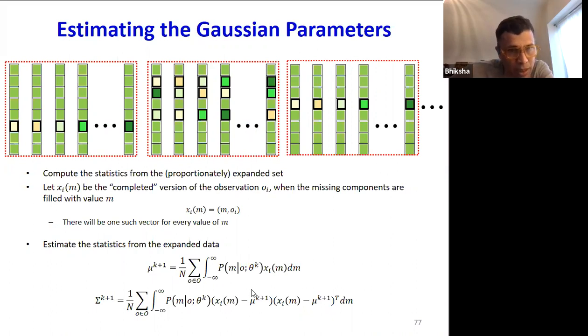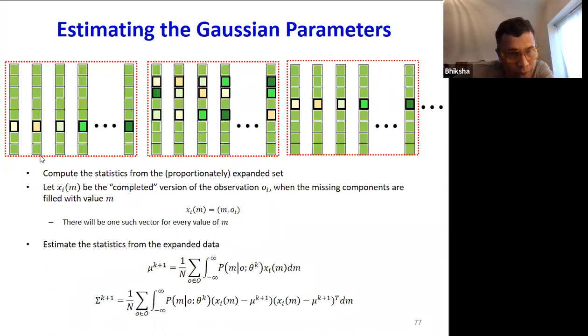So that is the formula. I'm summing over all of the observations, because each O occurs once. But for each O, I'm taking the expectation over all possible values of the missing component. This xi of m is basically the completed vector.